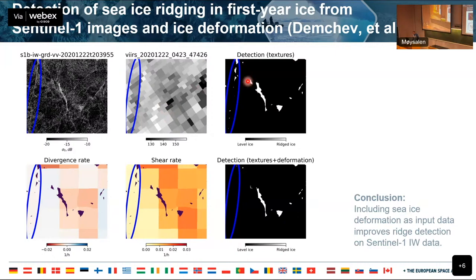When we detect using only textures, some of the pixels are attributed to be a ridge on the SAR image. However, when we compute drift and use that to compute divergence and shear, and use this information in combination with the textures, it allows us to eliminate this false ridge detection. So the combination of texture features and deformation improves classification and detection of ridged ice.